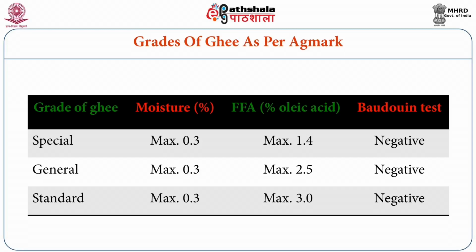So special grade AGMARK ghee should have maximum less than 1.4% free fatty acids, and as you go higher, maximum 2.5, it becomes a general grade, still higher up to maximum 3% FFA, which is the standard for FSSAI in general, and there are no grades in FSSAI. In that case, as per AGMARK, they give it as a standard grade AGMARK ghee.